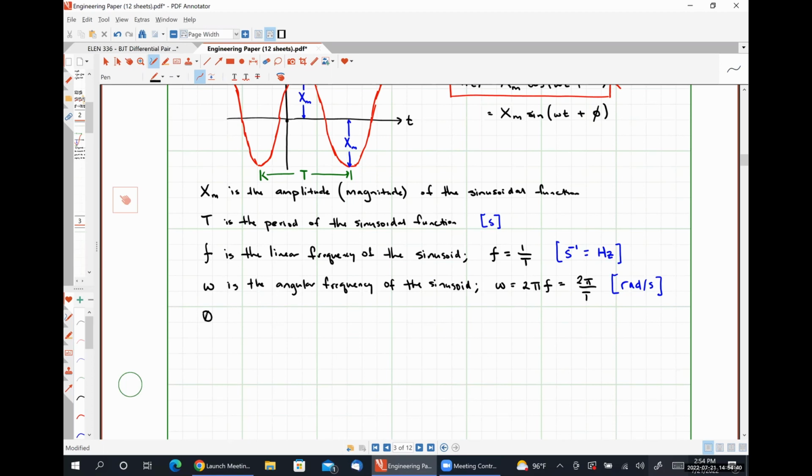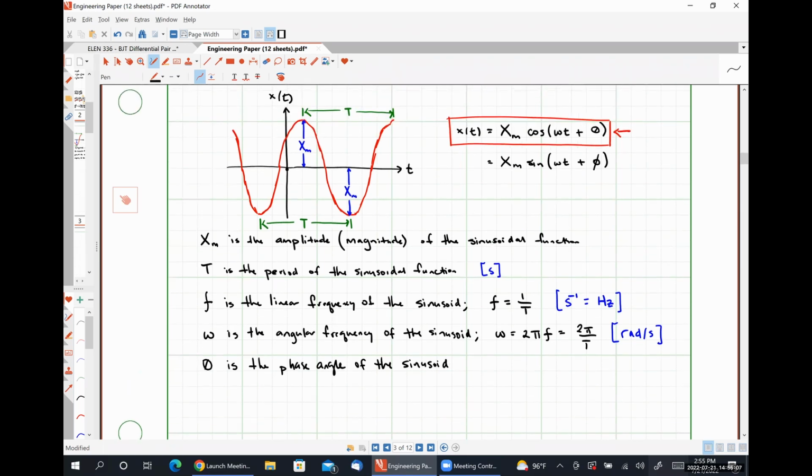So theta here is the phase angle of the sinusoid. What it represents is how much our sinusoid is shifted in time. So let me explain exactly what I mean by that. Okay.